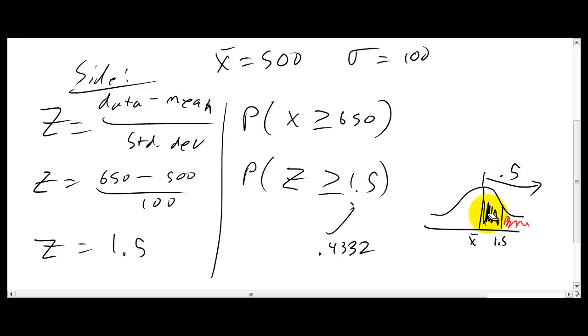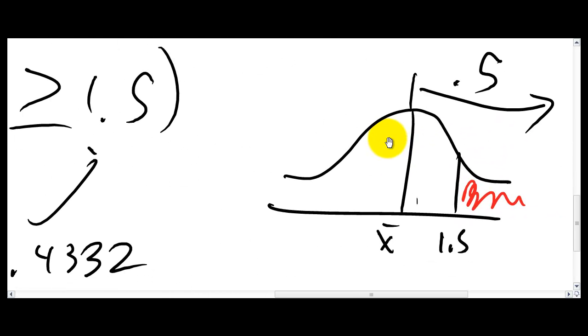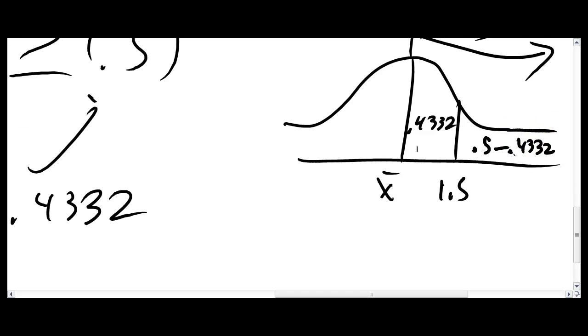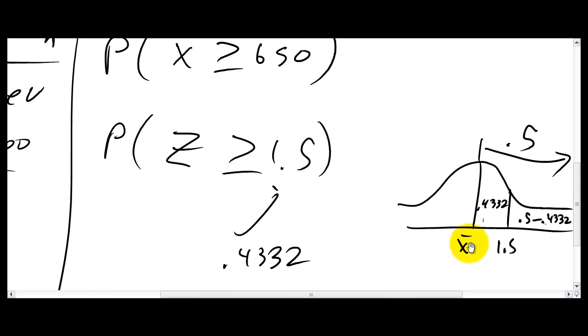So this area in here was 0.4332, which would mean this area right here would be 0.5 minus 0.4332. So that would result in the answer of 0.0668.